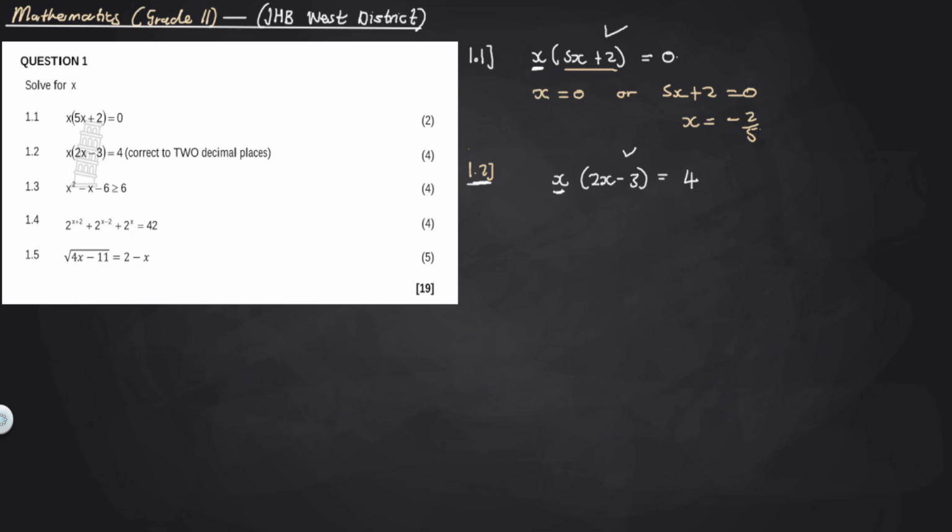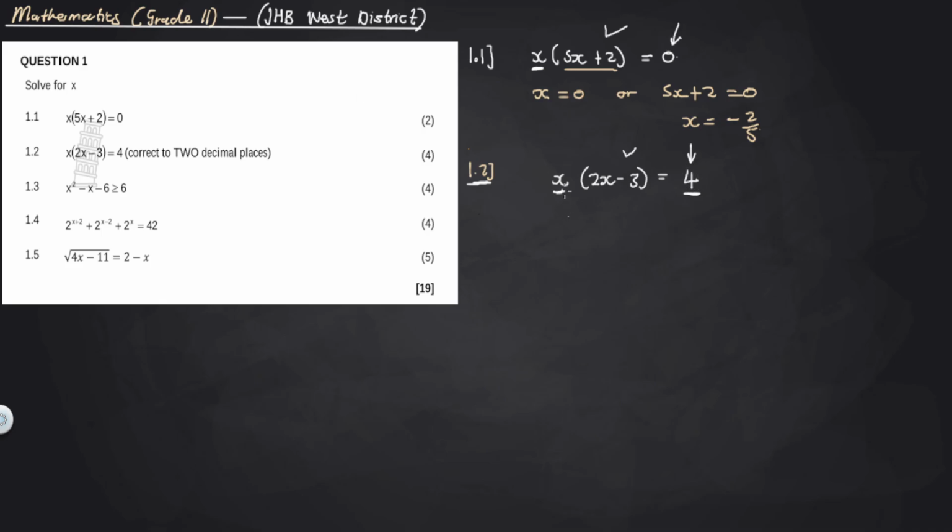If you have two expressions that are multiplying each other, equal to a number on the right hand side, this time around you have to distribute the x and write the equation in standard form. If you have a 0, there's no need for you to multiply with the x. You only multiply if there's a number other than 0 on the other side of the equation.